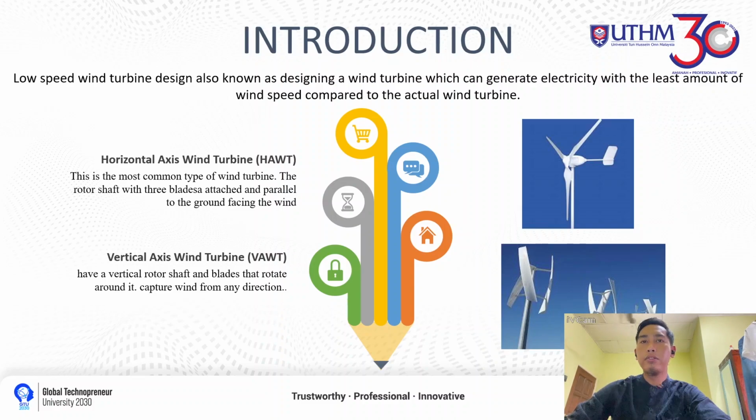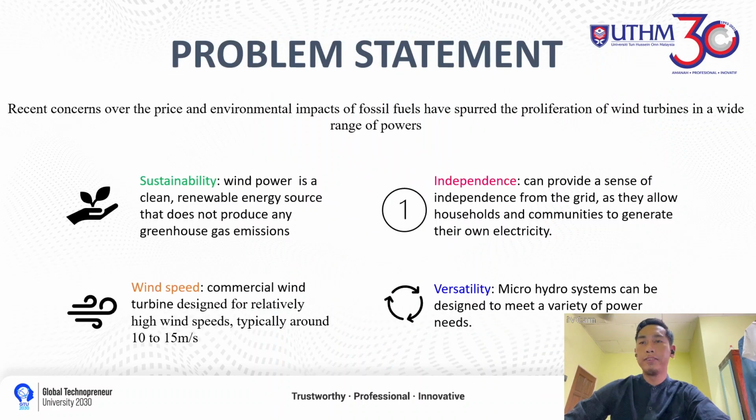The vertical axis wind turbine has a vertical rotor shaft with blades that rotate around it. Because of the design, it can capture wind from all directions. In the right picture, we have the horizontal and vertical wind turbines as examples.